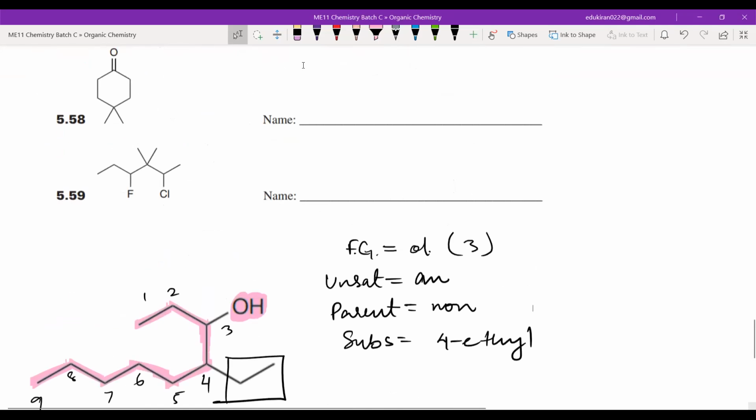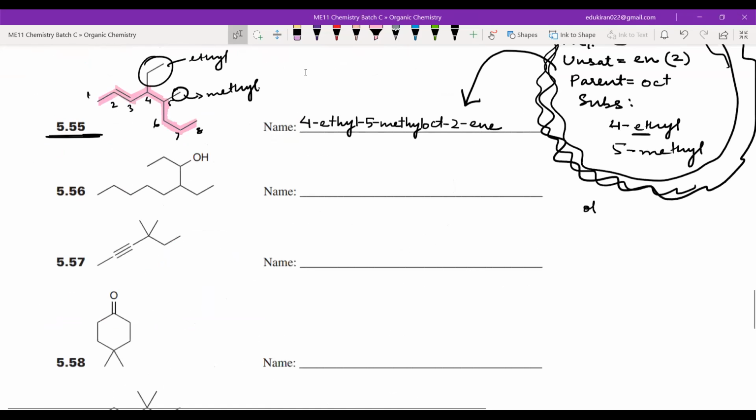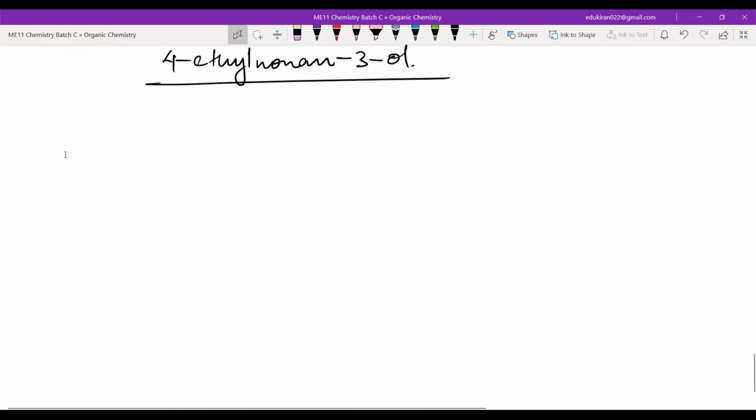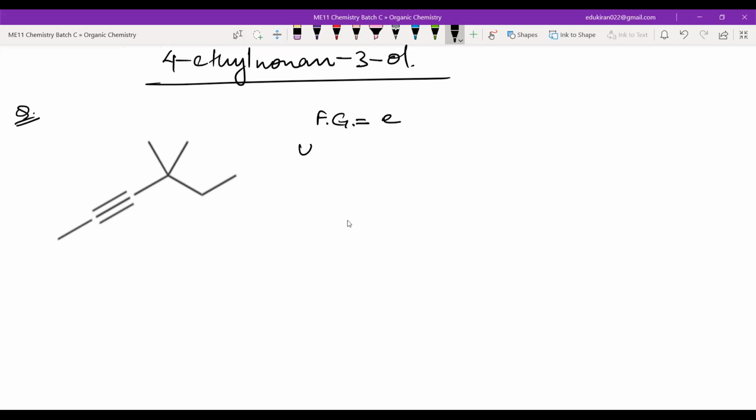Now let us look at this one. Tell me functional group. E. Functional group. E. Unsaturation.